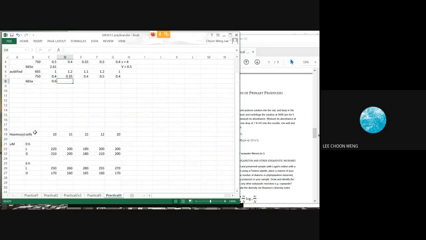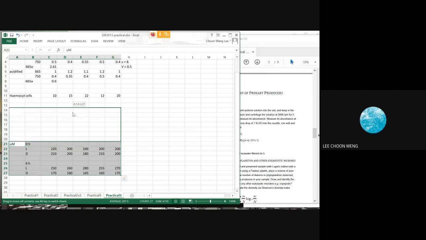So use these readings for the number of cells that you observe in the hemocytometer and convert it to cells per liter.